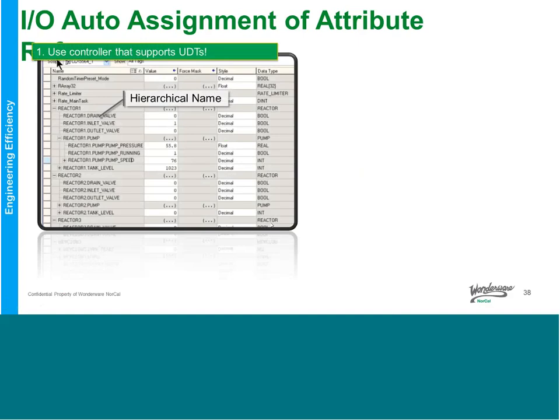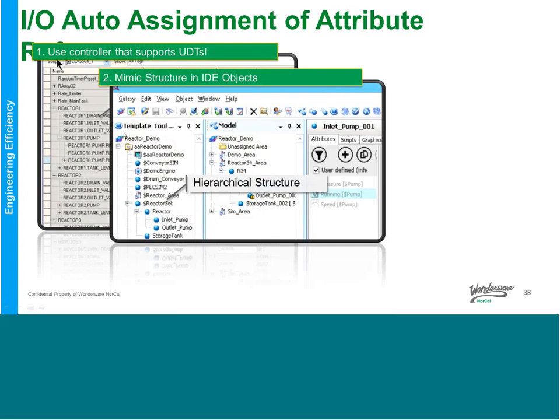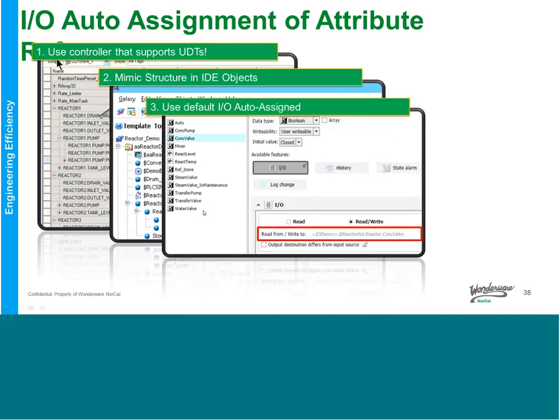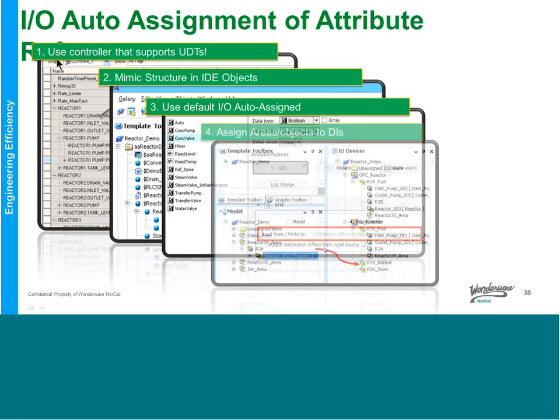So what the workflow looks like is this. Here's your PLC code with your structure of your UDT, your user-defined type, where I've got a reactor with an inlet valve. And then you build that same structure in Wonderware System Platform. I've got a reactor and an inlet valve or an inlet pump. And then here in my attribute tab, it can automatically populate the reference of where it's going to get that data from.